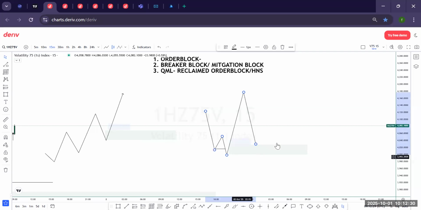It's 100% valid. It's just that the liquidity sweep makes that zone stronger, and gives you that strong confidence. I'm just trying to say this so that we can have this confidence.